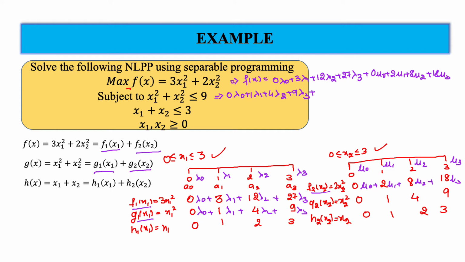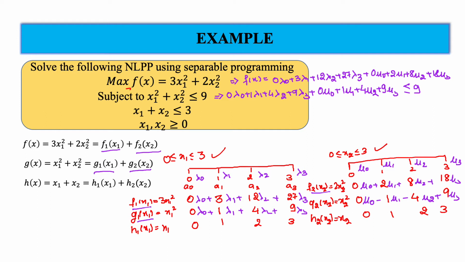For g2 x2 it is again the same, 0 mu naught plus 1 mu 1 plus 4 mu 2 plus 9 mu 3, and this constraint equation is less than or equal to 9.